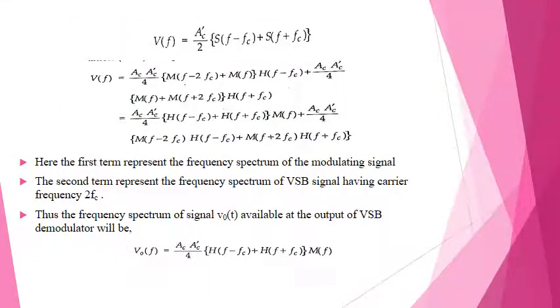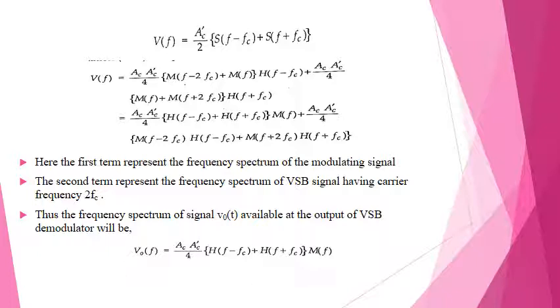V of F is equal to AC dash by 2 into S of F minus FC plus S of F plus FC. So V of F is equal to AC dash by 4 into M of F minus 2 FC plus M of F into H of F minus FC, plus AC dash by 4 into M of F plus M of F plus 2 FC into H of F plus FC.